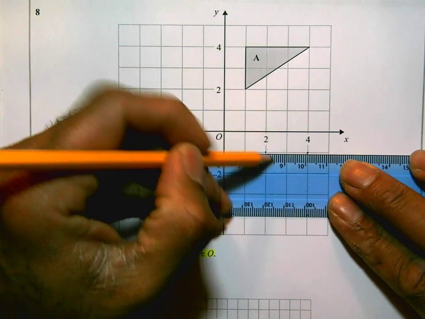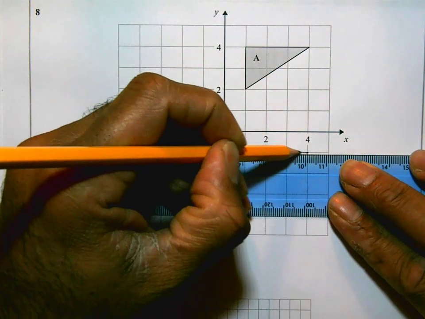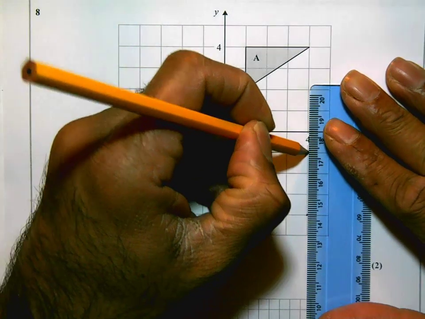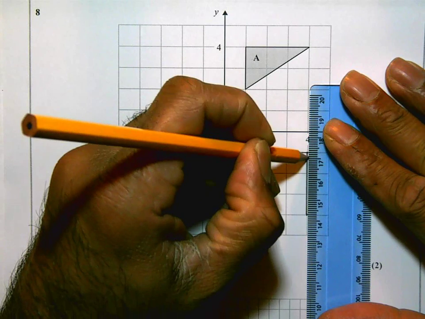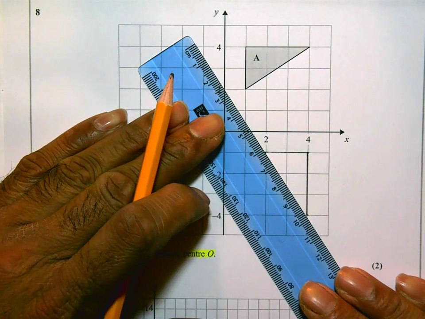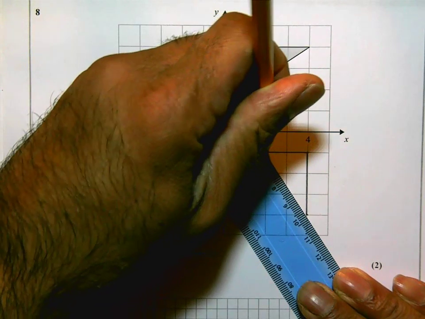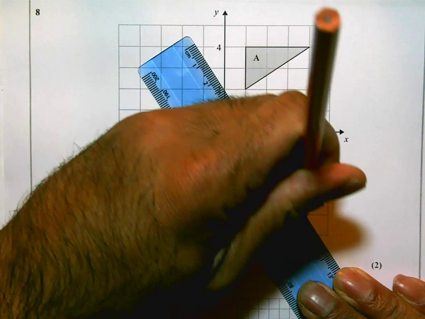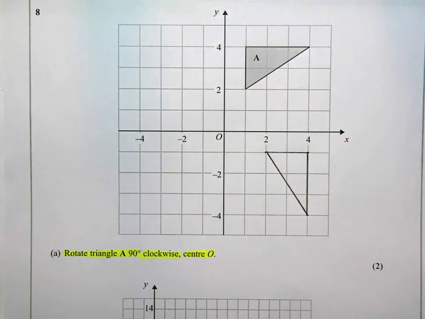For 2 marks, this is pretty straightforward, and you should be able to get these 2 marks pretty easily to guarantee yourself on the road to your grade. Okay, there is my result. It doesn't say anything about labeling your triangle, so I'm going to leave it at that.